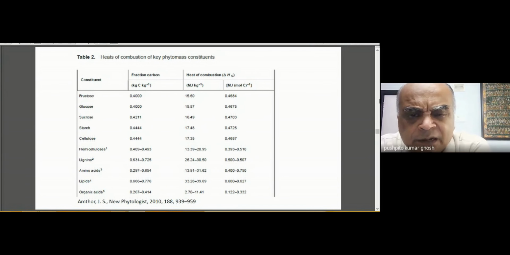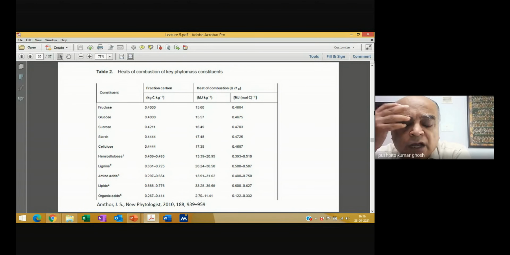Can anyone tell me why the heat of combustion is more here? Why am I able to release more energy from a lipid as compared to fructose or glucose? Would the oxidation states of carbon be the same in the lipid and in the sugar? What is it in glucose?